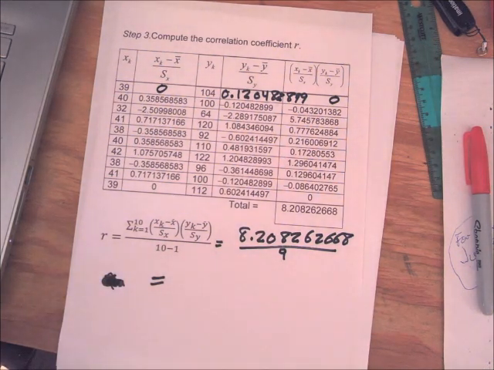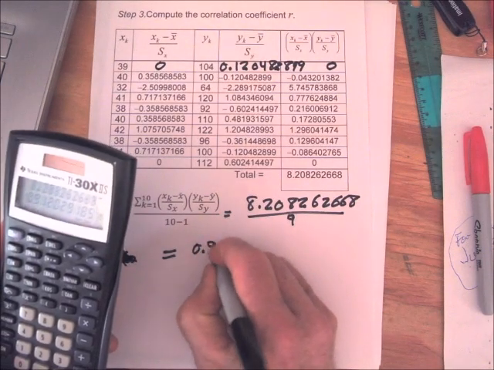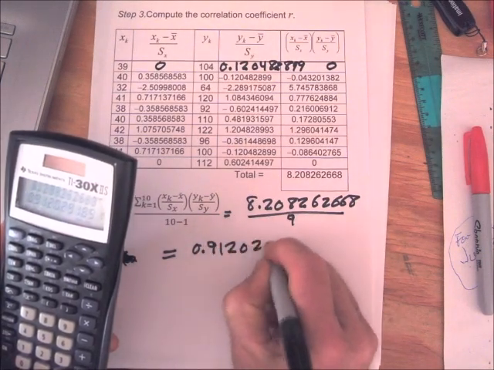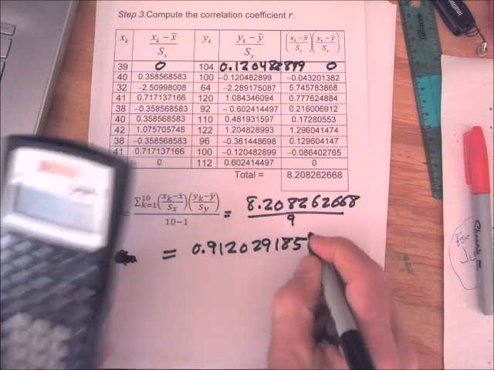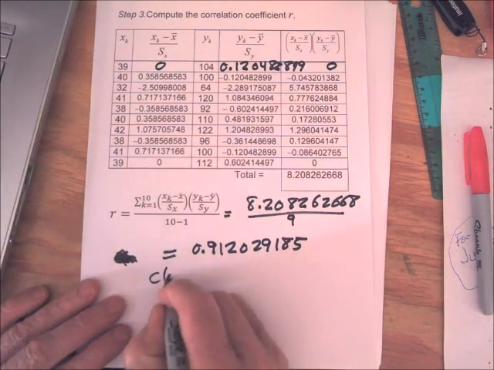8.208262668 divided by 9. I get 0.91 something. Okay, so that's close to 1. That would indicate a strong positive correlation, close to 1.